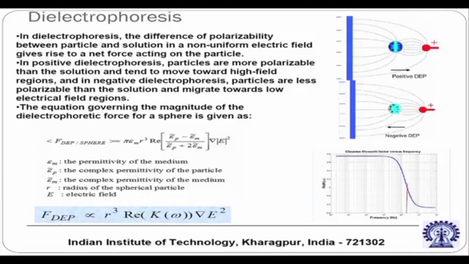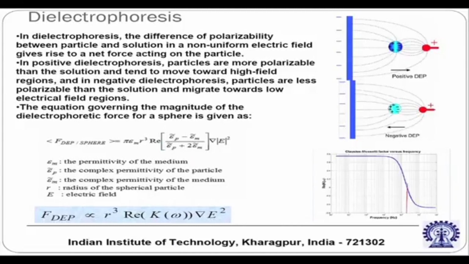We will not get into the details because this is beyond the scope of our curriculum, but you can see that it depends on the permittivity of the medium. However, there is a tilde at the top of epsilon. This is complex permittivity, not normal permittivity.